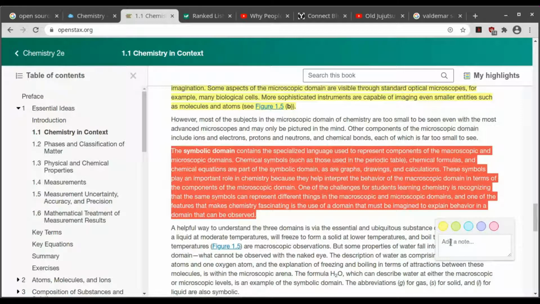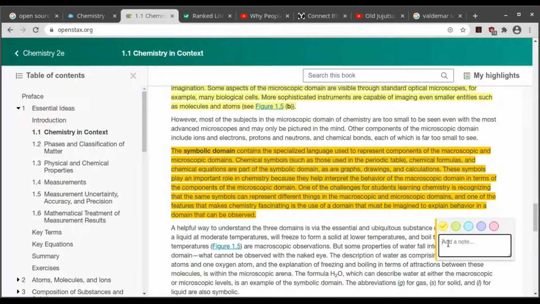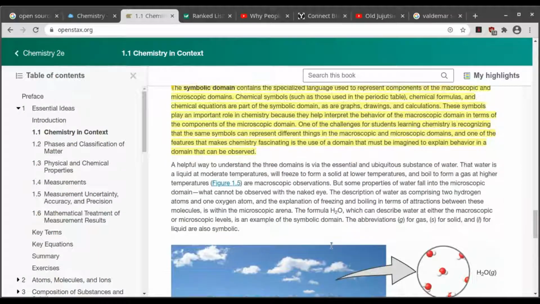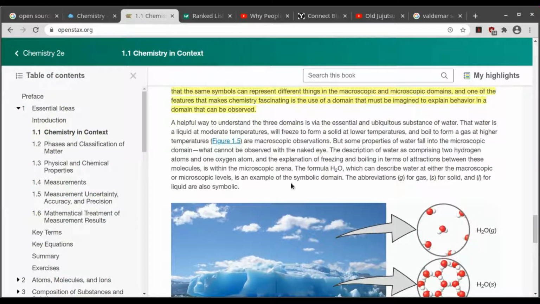And then this next paragraph explains this figure. A helpful way to understand the three domains is via the essential and ubiquitous substance of water. Water is a liquid at moderate temperatures, will freeze to form a solid at lower temperatures, and boil to form a gas at higher temperatures. Those are macroscopic observations. You see the clouds, the icebergs, and the water.